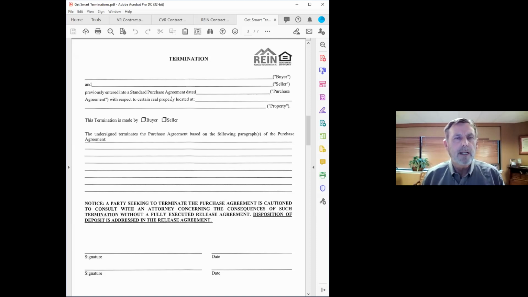If it's a $100 deposit, then you're at risk financially of $100 if you're wrong. That's a lot different than if the deposit's $10,000 on a cash deal, and so you're at risk for $10,000. So it's always a cost benefit, risk reward kind of analysis.